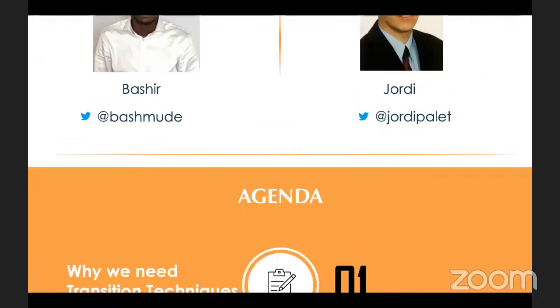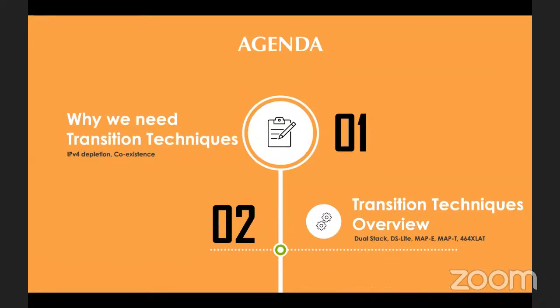Our agenda today will be looking at how to choose the right transition technique. Before we choose, you need to know why we need transition techniques in the first place. Once we know why, we're going to look at an overview of the transition techniques you're most likely to implement in your network in 2021.